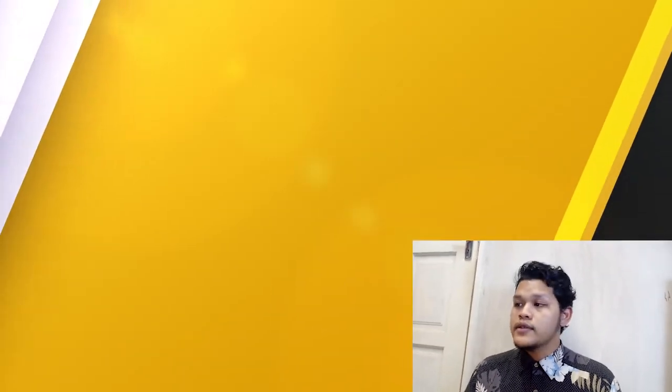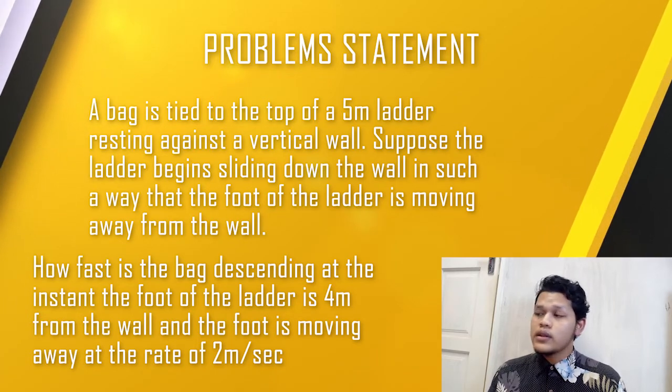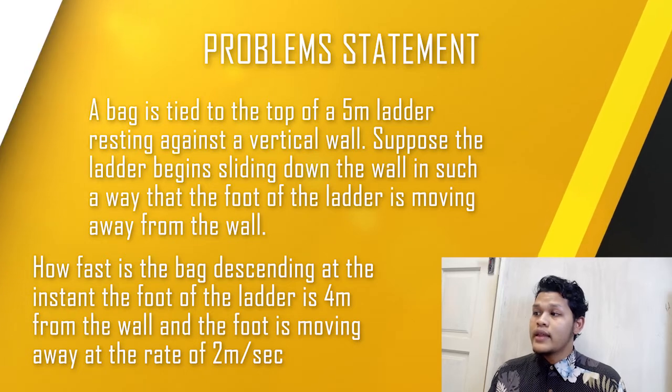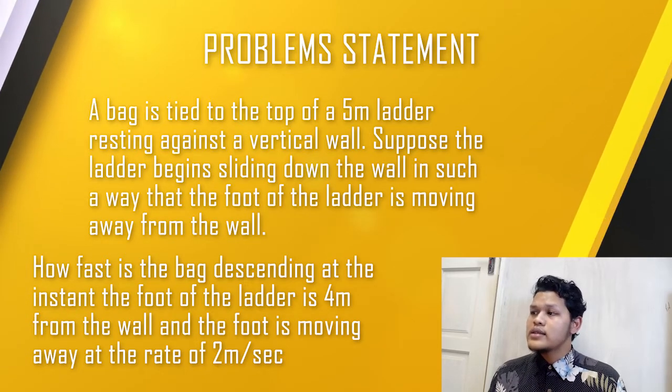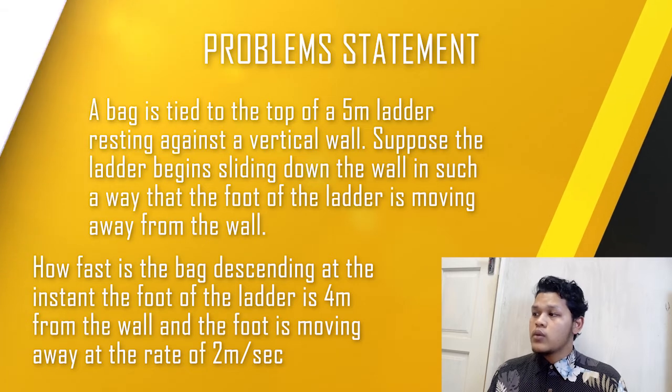Okay, so the problem statement is: a bag is tied to the top of a 5-meter ladder resting against a vertical wall. Suppose the ladder begins sliding down the wall in such a way that the foot of the ladder is moving away from the wall.